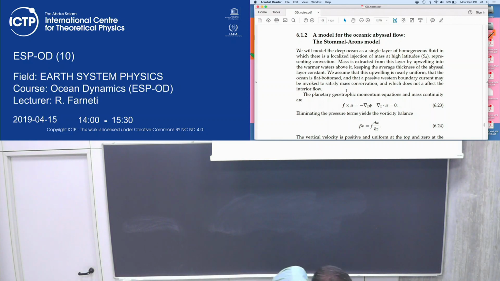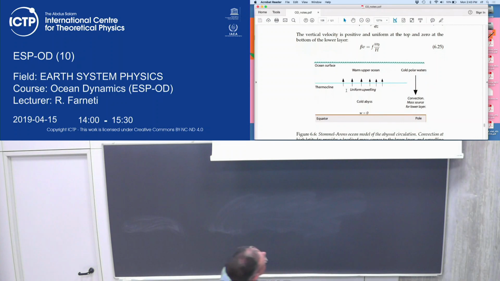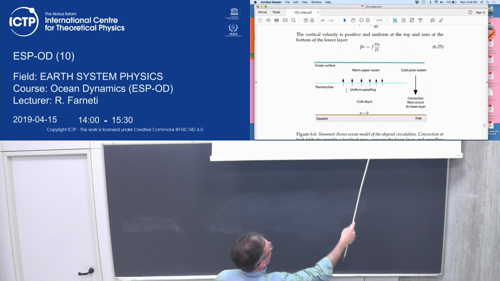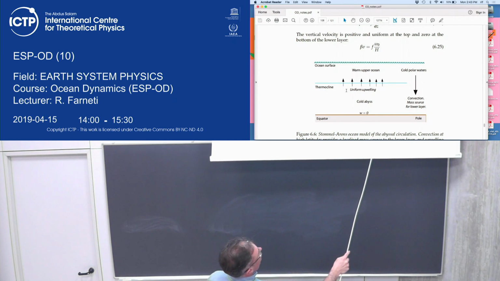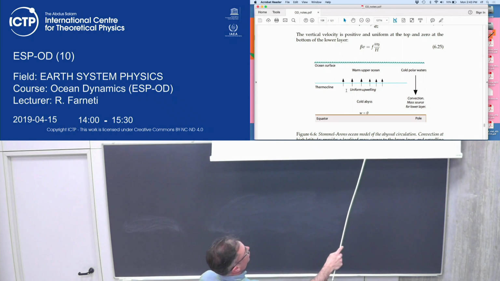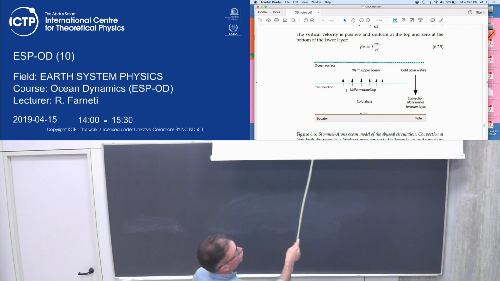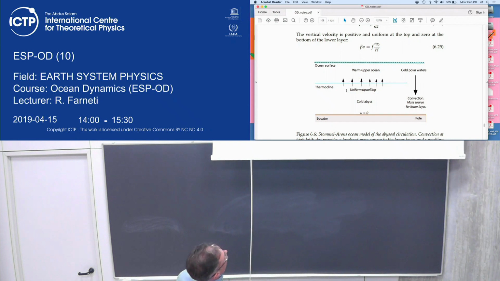And basically we are looking at this case, okay? So you have a top layer where you have the wind-driven gyres, and you have a thermocline, and you have an abyss of constant height h. Okay? So you have here localized sinking through convection, and then all this mass that is injected into the bottom layer is upwelled through diffusion uniformly throughout the ocean.